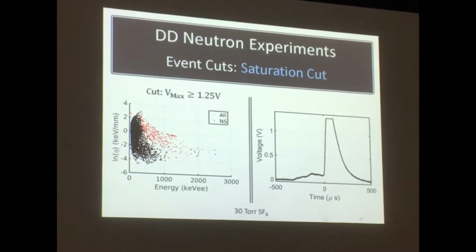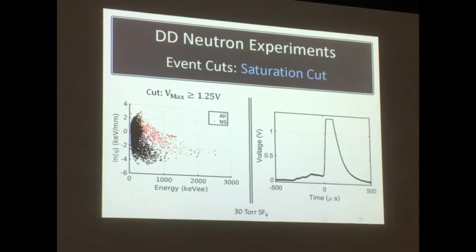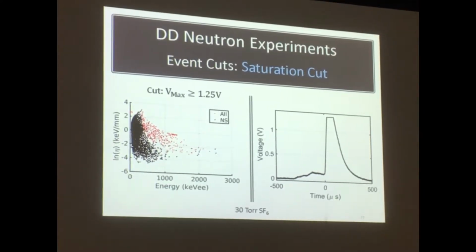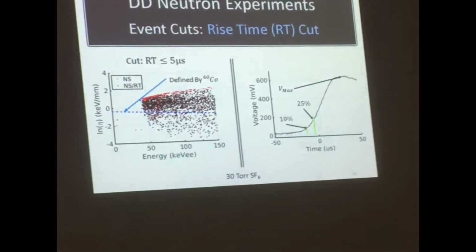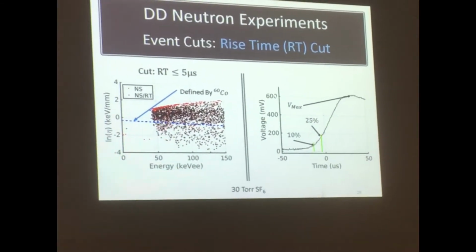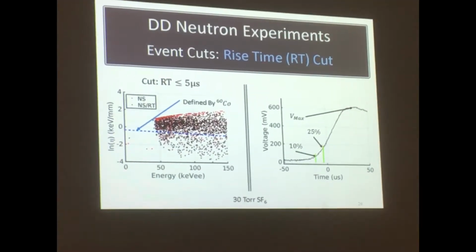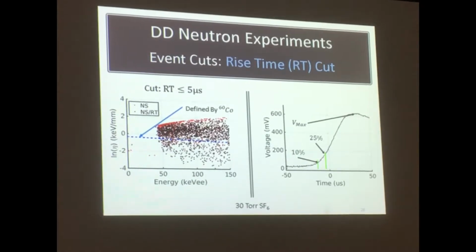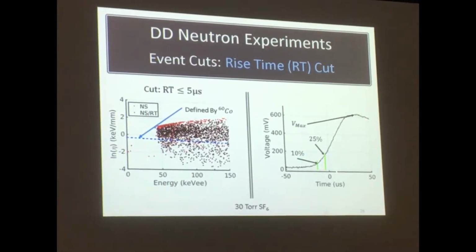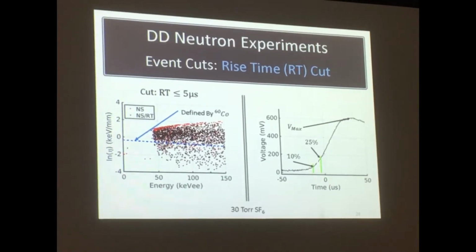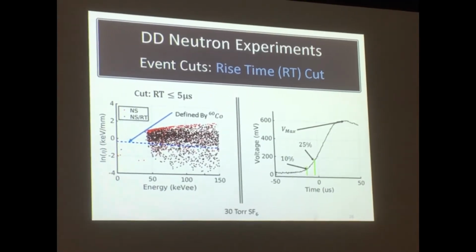So I throw all of those events away, and they're these red events here, and so the black events are the ones that remain and make it to the next cut, which is this rise time cut. So this rise time is the time difference between the 10% of the peak voltage to the 25% of the peak voltage. So I define this region and I calculate the time in microseconds between there.